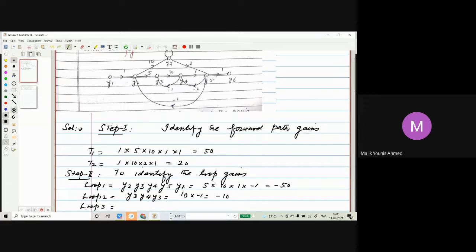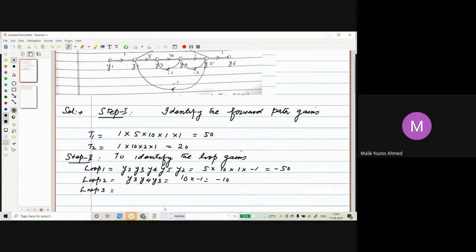Loop 3 will be, in this case, y4, y5, and back to y4. So that is 1 into minus 2, so that will be minus 2.